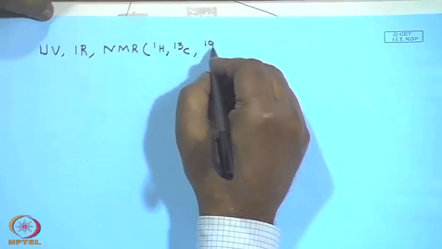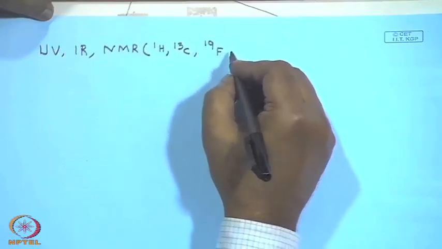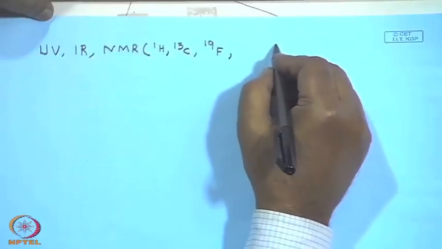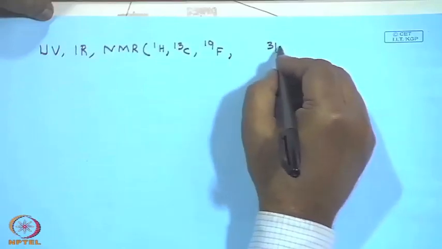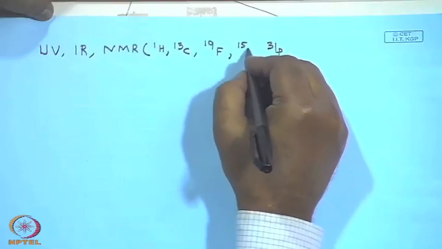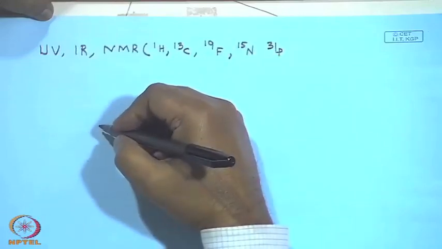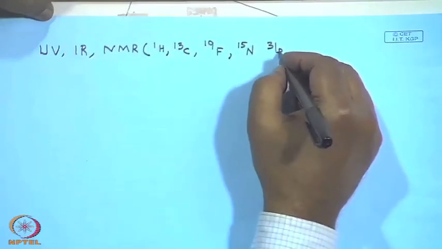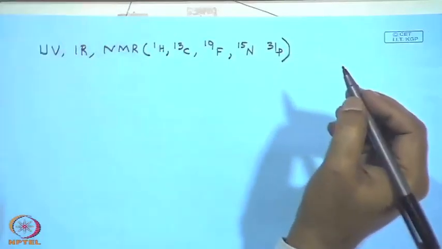Fluorine also is an important nucleus. Phosphorus, 31 phosphorus, and I will put something more here, which is 15 nitrogen. This is a very important one, because most commonly we encounter nitrogen. So, these are the nuclei very useful in heterocyclic chemistry.